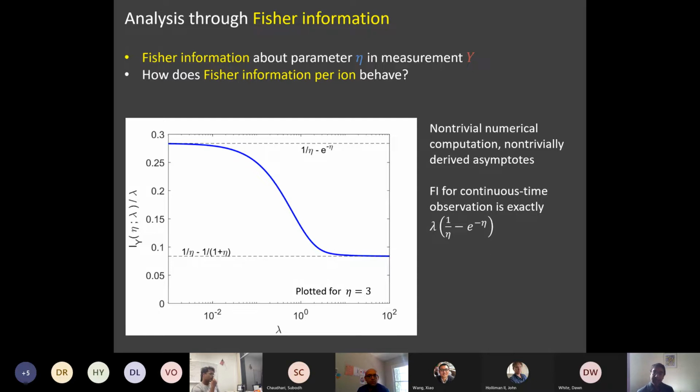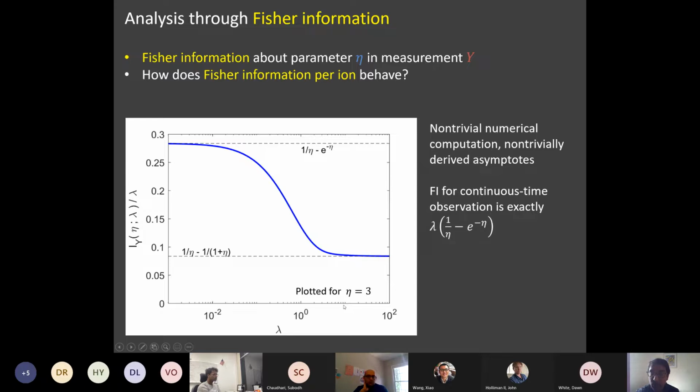So before talking about the asymptotes, what is the blue curve here telling us? It's telling us that to have the best normalized informativeness, or informativeness per unit of damage to the sample, it's best to have very low lambda measurements. And Fisher information is additive over independent trials. So this plot we can use as a justification for taking whatever dose is available to us and always dividing it into smaller doses and repeating the measurement.